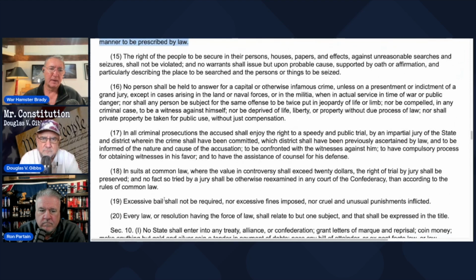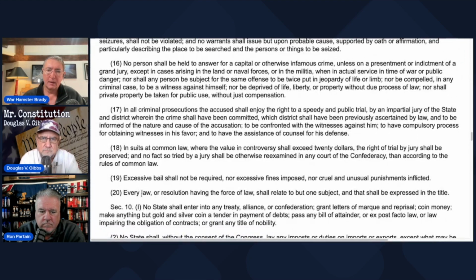Excessive bail. We're down here. You're not going to have a 9th or 10th Amendment, are you? Let's look at 18. Is 18 identical, Doug? In suits of common law where the value in controversy shall exceed $20, the right of trial by jury shall be preserved, and no fact so tried by a jury shall be otherwise re-examined in any court of the Confederacy than according to rules of common law.